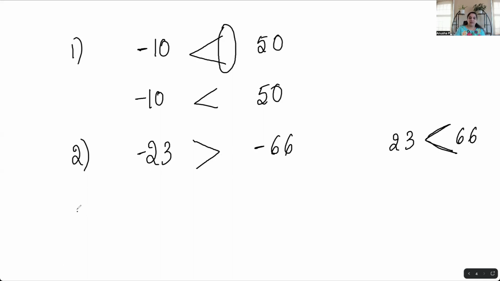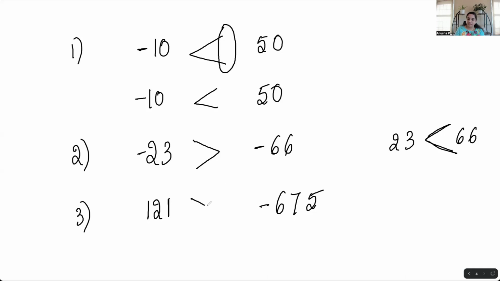Let me do another example. If we have a number 121 and another number minus 675, which one is bigger? As I mentioned, all the positive numbers are bigger when compared to the negative numbers. So 121 is a positive number and minus 675 is a negative number.